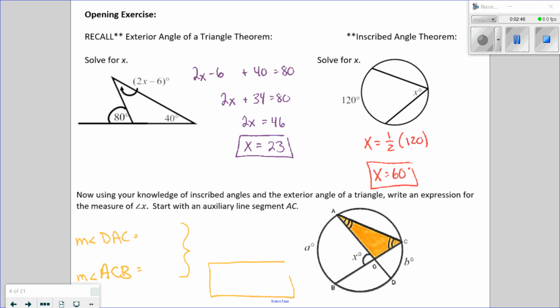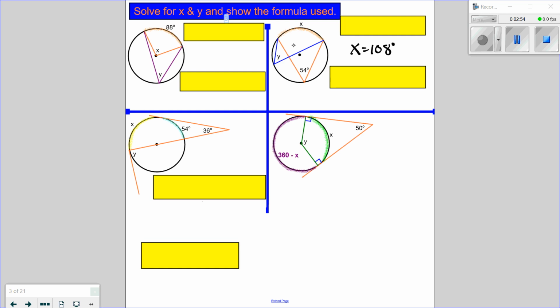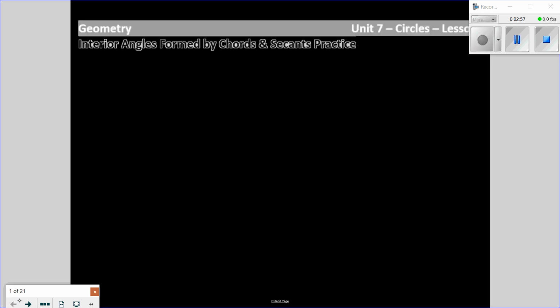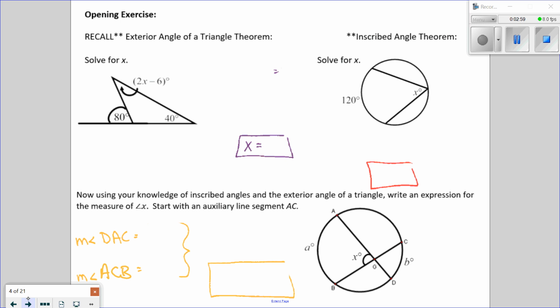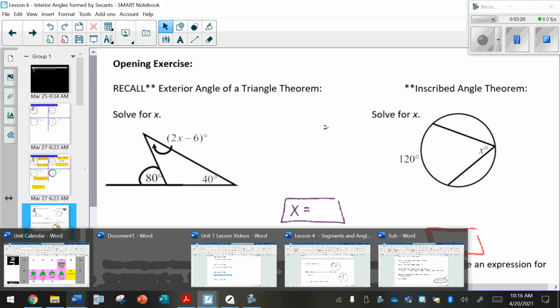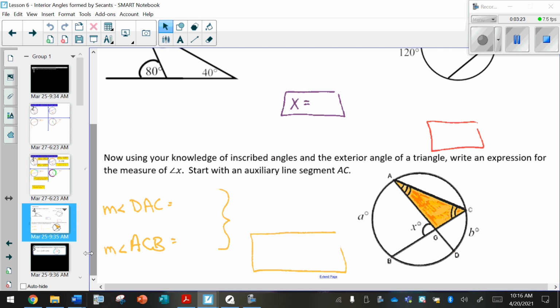So if triangle ACG has an exterior angle of X, then by our exterior angle of a triangle theorem, the measure of X is equal to angle GAC plus angle GCA.